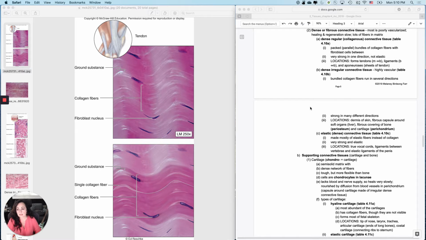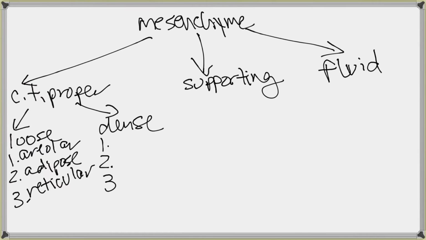Continuing with connective tissues, we are still on connective tissues proper, and I'm about to do the dense connective tissues. So we had a whiteboard that looked something like this last time, and we have already done all three of these loose connective tissues, which is a subcategory of connective tissue proper.